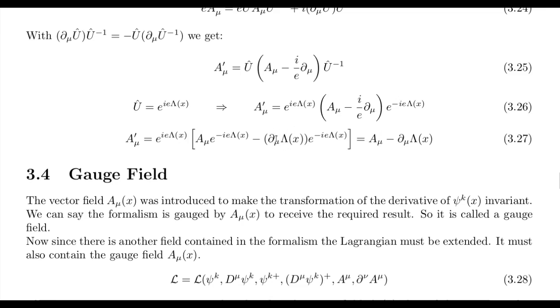The derivative of lambda is a scalar factor, and so we cancel out the exponential functions. And so we have this. So that means the transformed A is the old A added or subtracted by the derivative of another, arbitrary function.